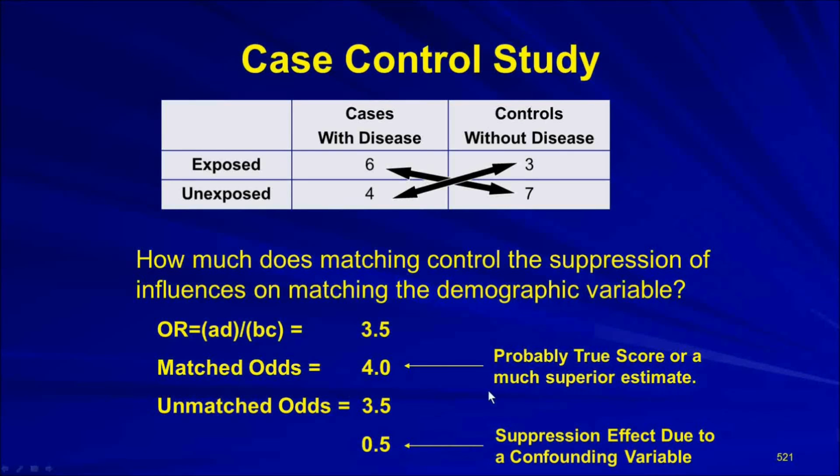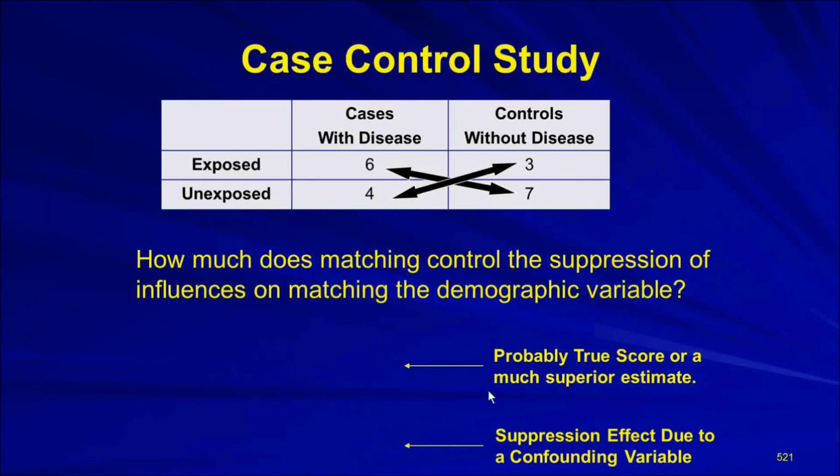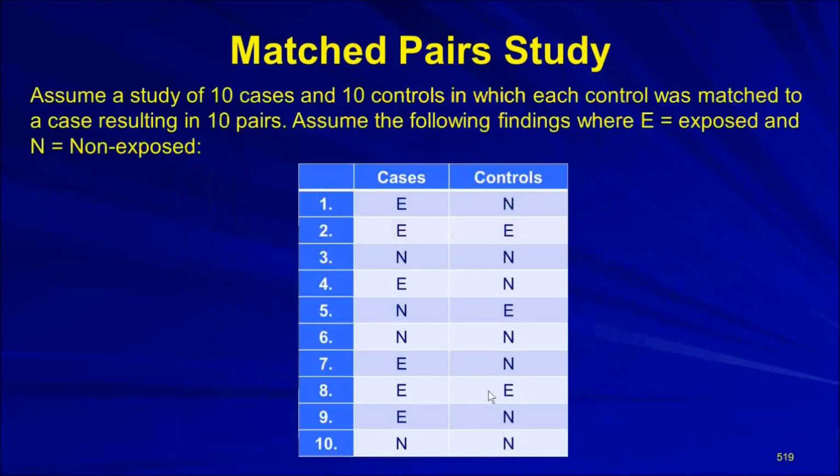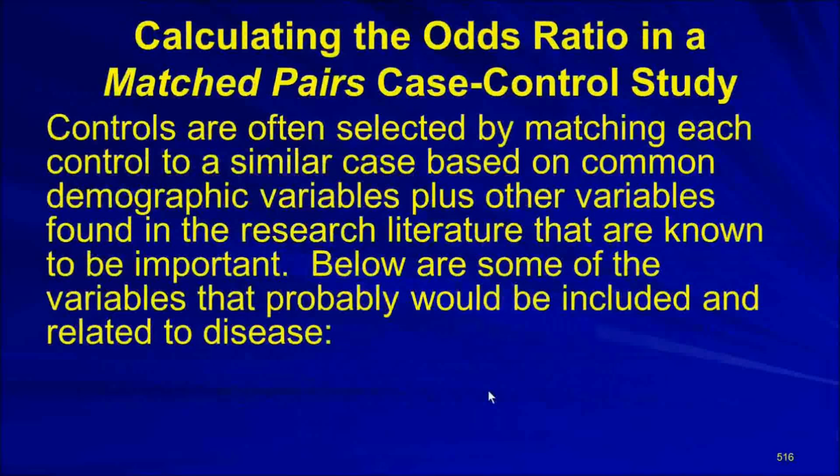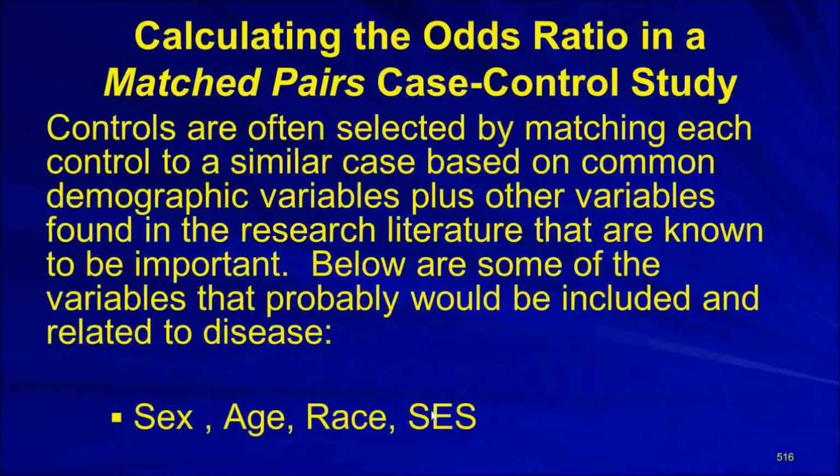In other words, let me go back, and I'll come back to this in a second. In other words, it tells us that these variables were very important to control because they had some influence on the degree of risk.